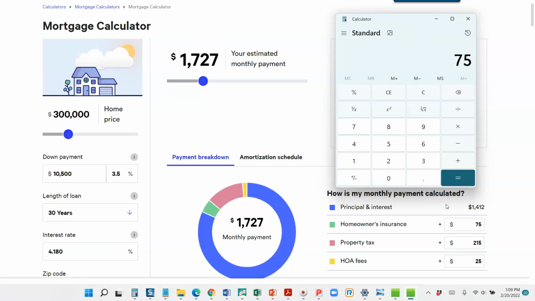So that's $900 a year. $215 on the property taxes. So that times 12 is going to be $2,580 a year. That's an average tax rate in the Raleigh area, right? And my homeowner dues is going to be about $300, right? What is that? 25 times 12, $300 a year. All right.